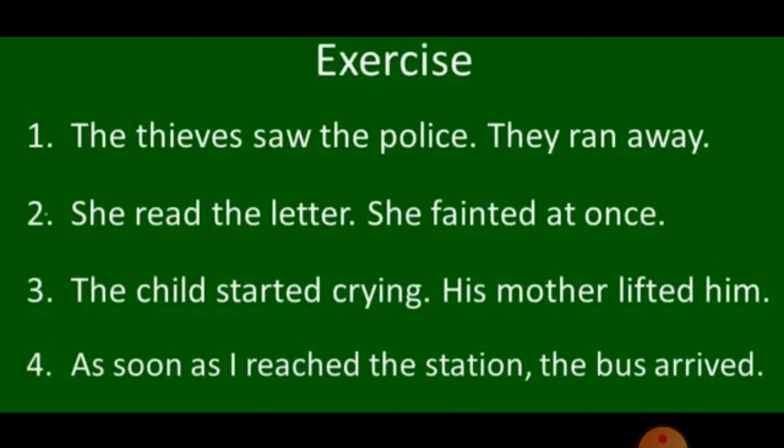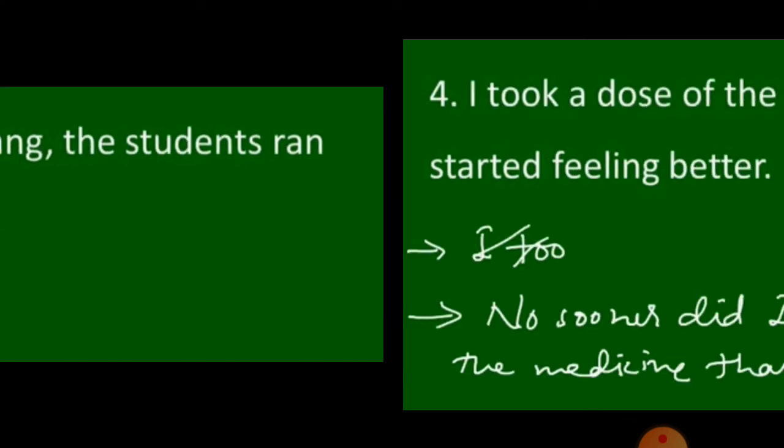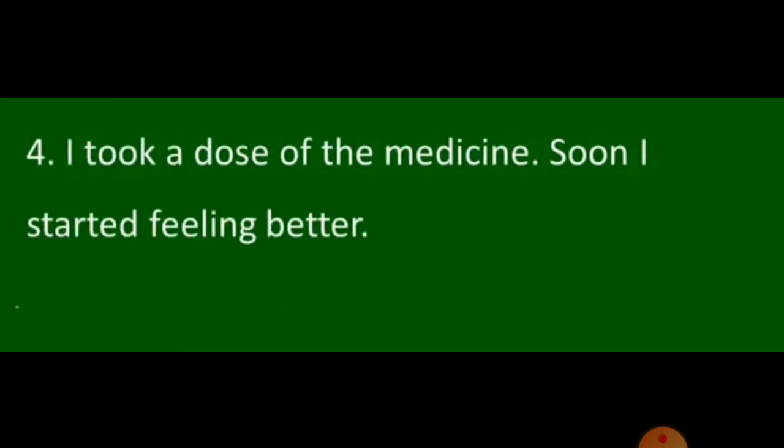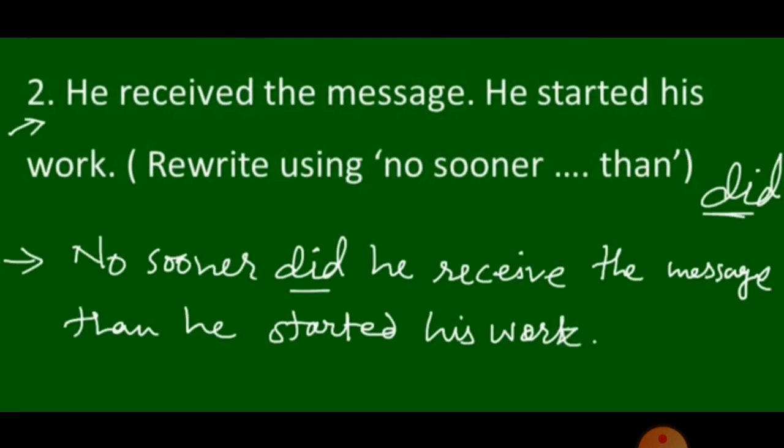Now these are the 4 examples for you that you will have to do by yourself. So again, as if you have watched my previous lectures, again and again I am telling, whatever examples I am explaining to you, all the explanation and all the examples you will have to write down in your fair book.